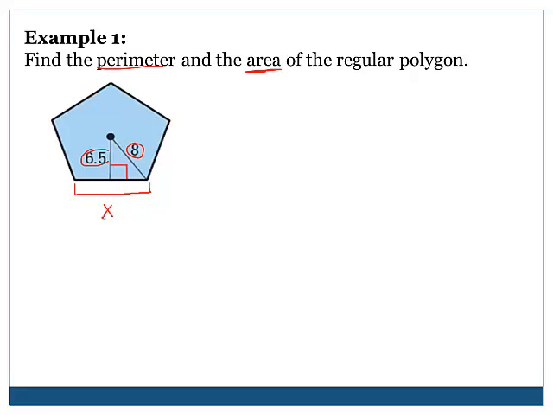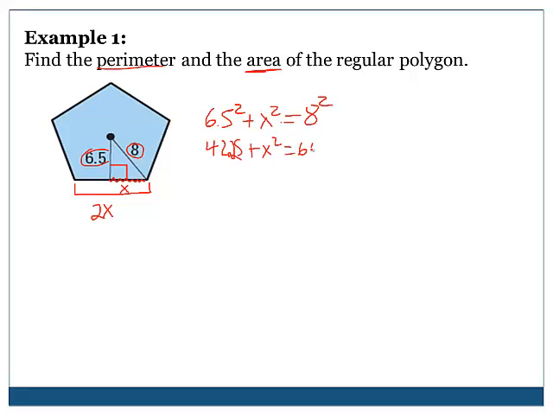but I do know that I can use the Pythagorean theorem to find out what this length is. So this is going to be x, and this is going to be twice the value of x. I need to use the Pythagorean theorem to find out what x is. So I'm going to do 6.5 squared plus x squared equals 8 squared.